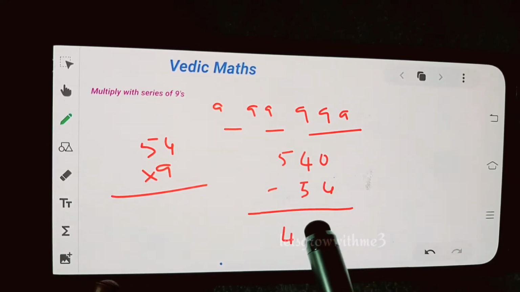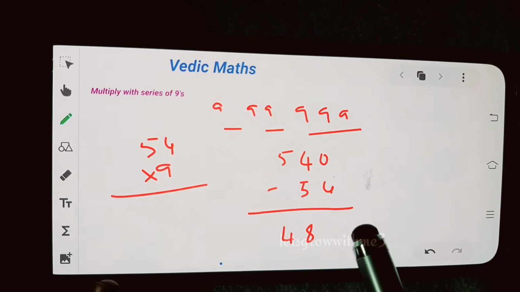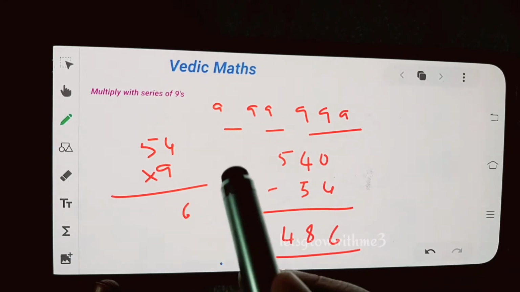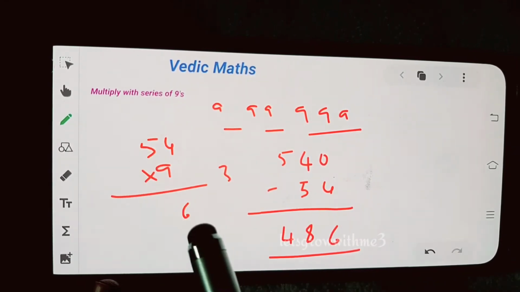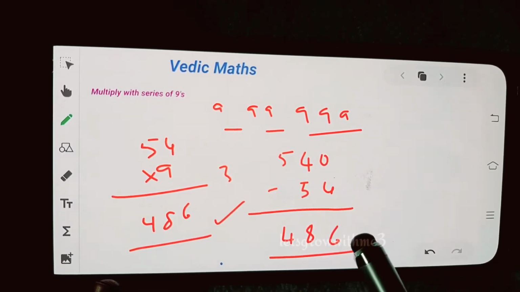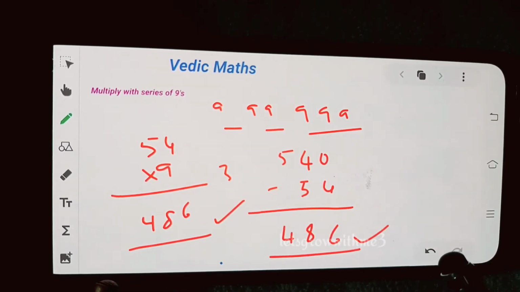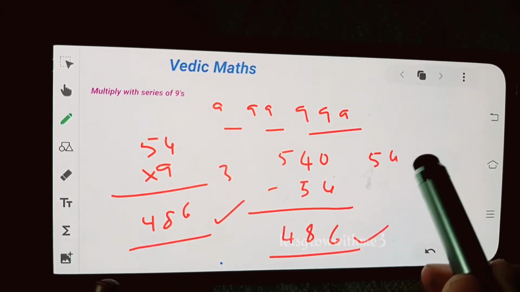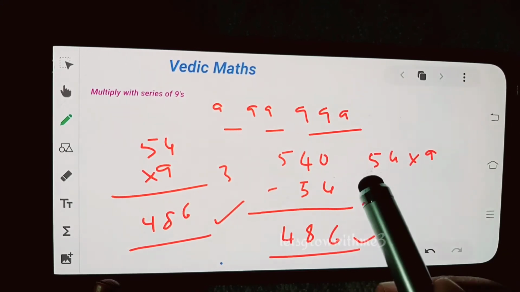Why so? Because the concept behind this topic is very simple. Instead of 9, we place the value 10 minus 1. So 10 minus 1 is equal to 9, right? We just place that value here in place of 9, and do the rest as it is.